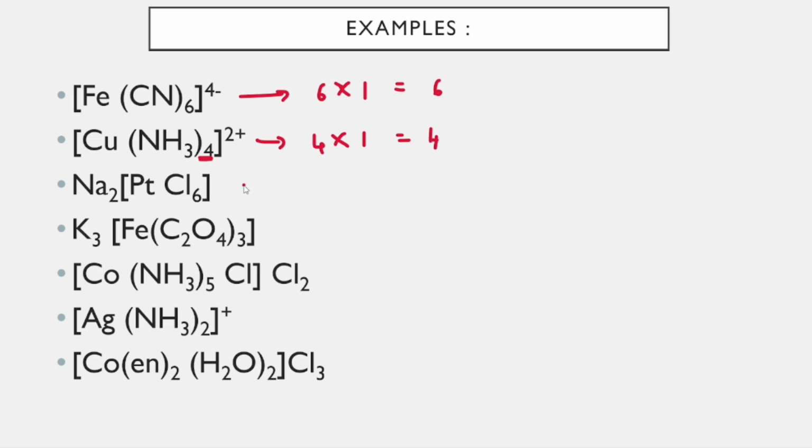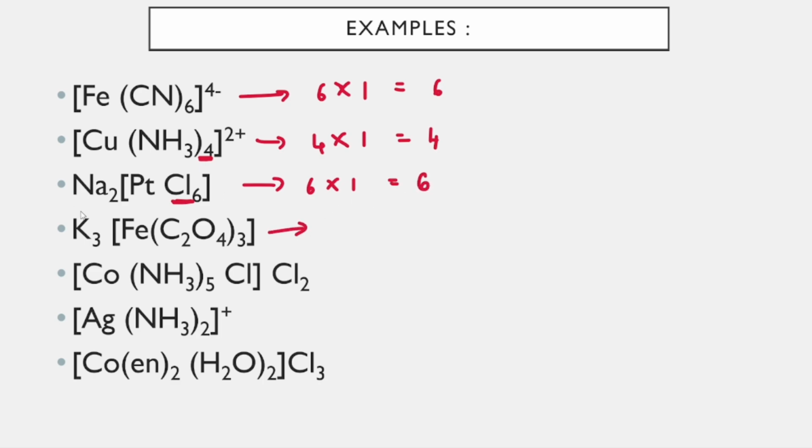The next compound is Na2[PtCl6]. Here the ligand is Cl, 6 ligands into denticity. Cl is also a monodentate ligand, so it will be 1. So its coordination number is 6.